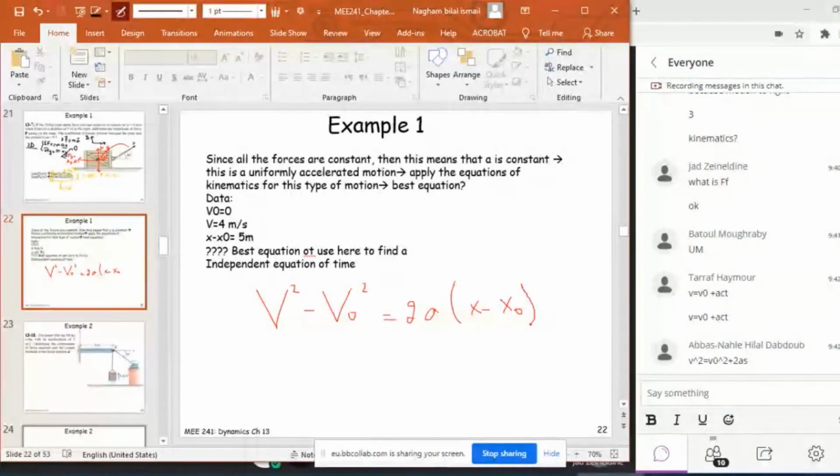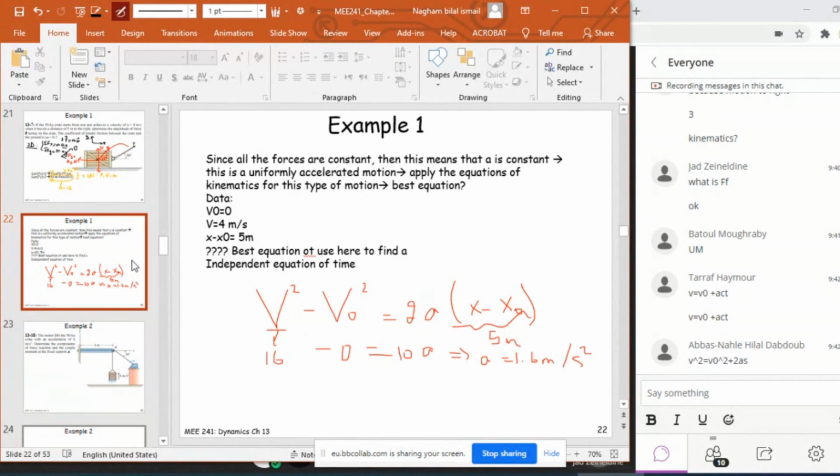Since this is 5, and since this v is 4, 16 minus 0 is equal to 2a times 5, then a will be equal to what? It will be equal to 1.6 meters per second squared.